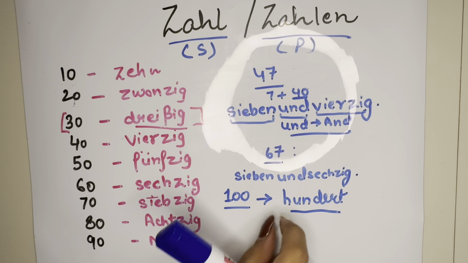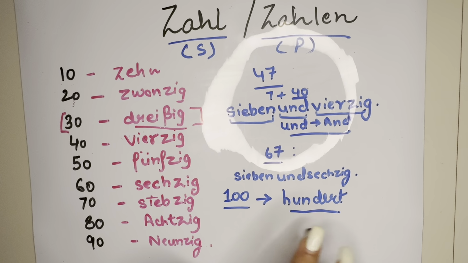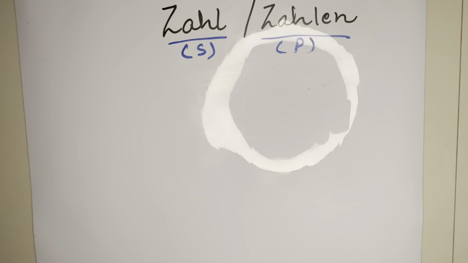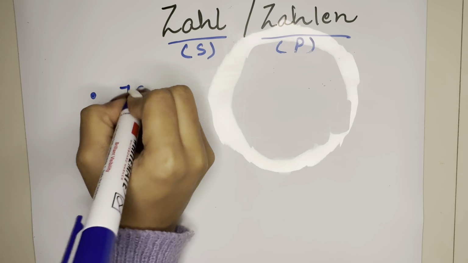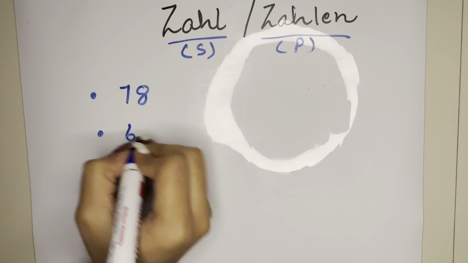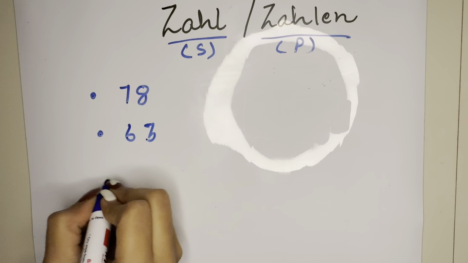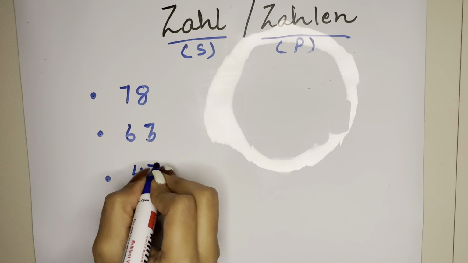You can also say einhundert, but hundert also works. Now, a few numbers that I want you to write in the comments below are 78, 63, and 47.